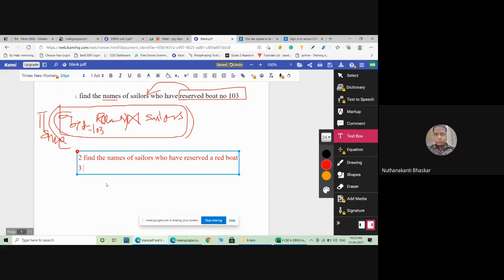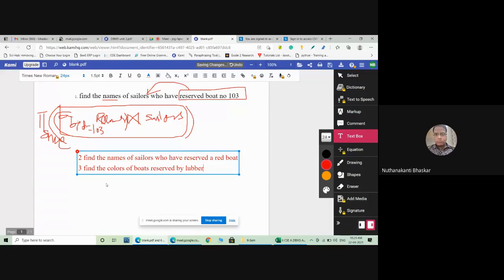Third query, find the colors of boats reserved by Lubber. Means here Lubber is a sailor.